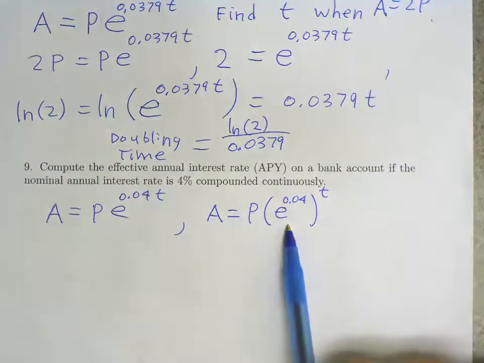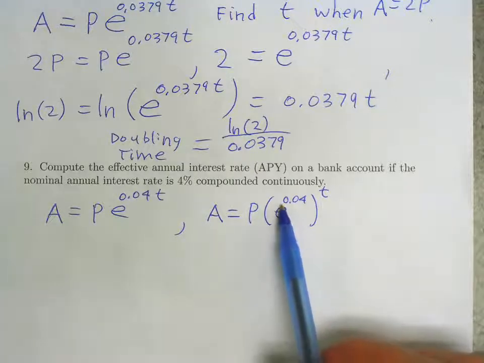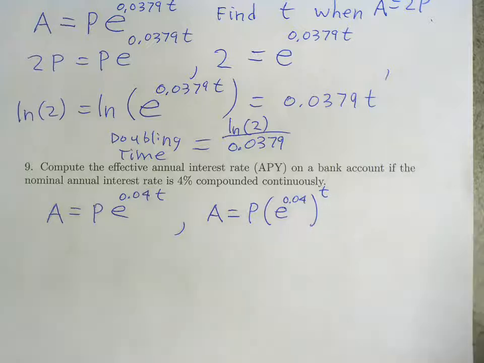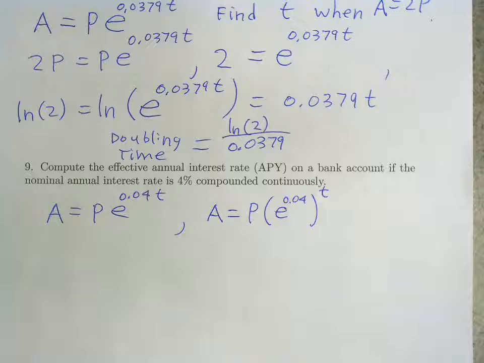And then if we use a calculator to come up with a decimal approximation for e to the 0.04, then we can make this look like a compound interest formula if interest is compounded once a year. And then we can identify what the effective annual rate is. Okay, so I'll use a calculator to get a decimal approximation of e to the 0.04.